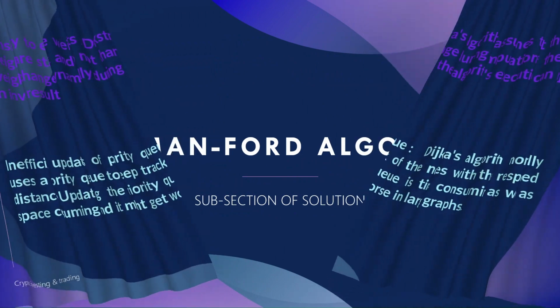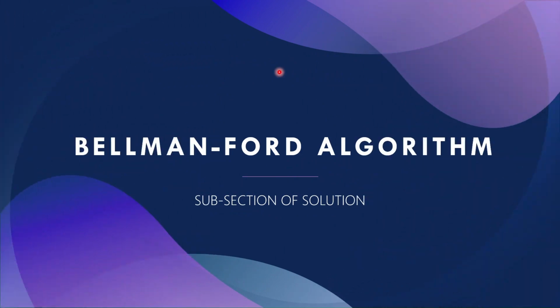Now, to counteract some of the inefficiencies of Dijkstra's algorithm, Bellman-Ford algorithm was introduced. There is also the A-star algorithm, which you should understand by watching the next parts of our video.